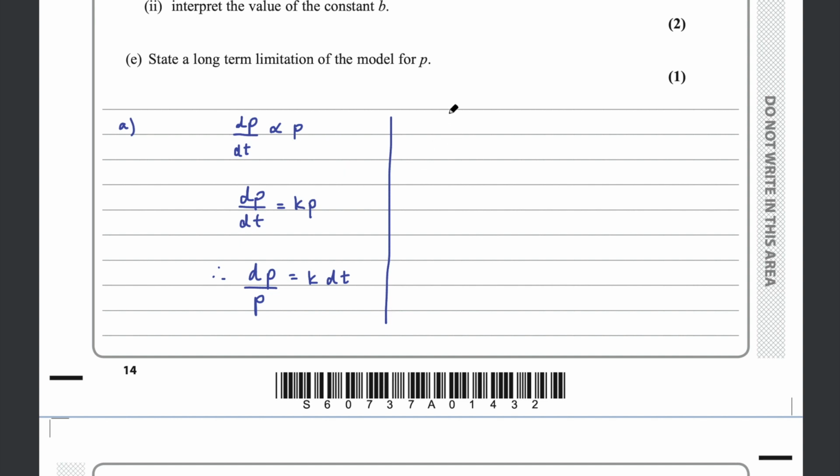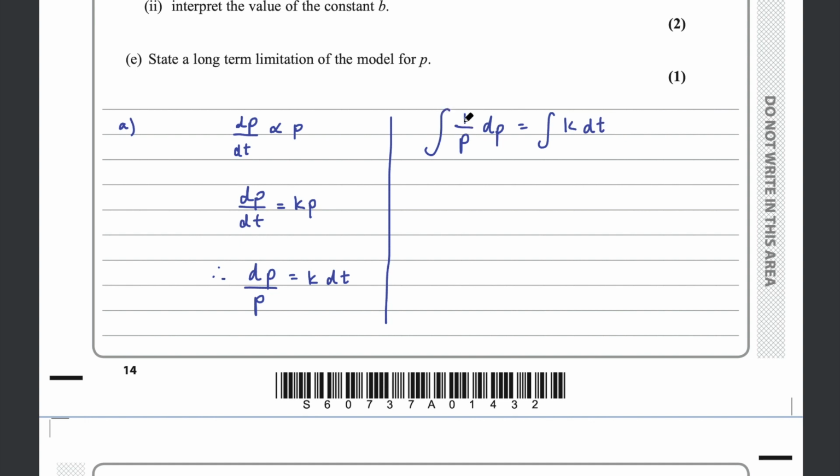So dp over p is the same as 1 on p times dp. This equals the integral of 1 on p with respect to p equals the integral of k dt.